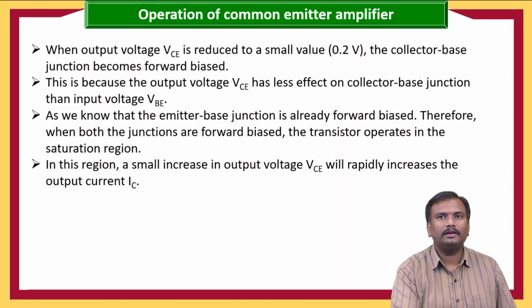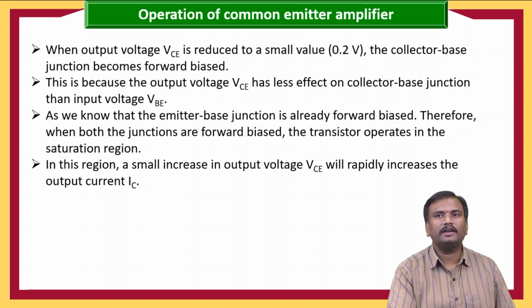As the emitter base junction is already forward biased, when both junctions are forward biased, the transistor operates in the saturation region, and in this region a small increase in output voltage will rapidly increase the output current.